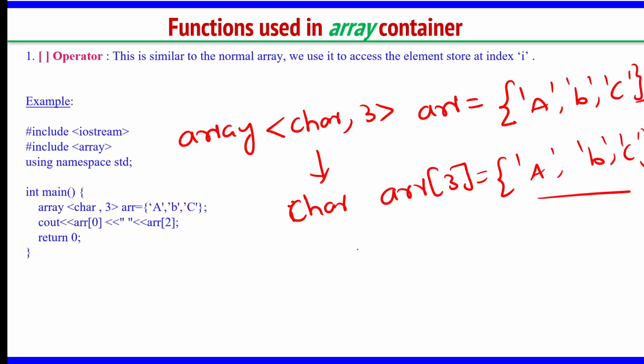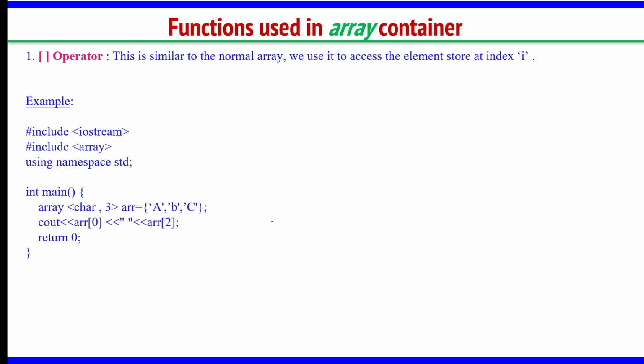It is the same as that. Now, how do you access the elements? You can directly access them like you do for normal arrays. You can give arr of 0, arr of 2, and it will give capital A and C as the output. Why? Because I am trying to access arr of 0. So, even if you define this as a container class, you can still print the array values like this, arr of 0, arr of 2.